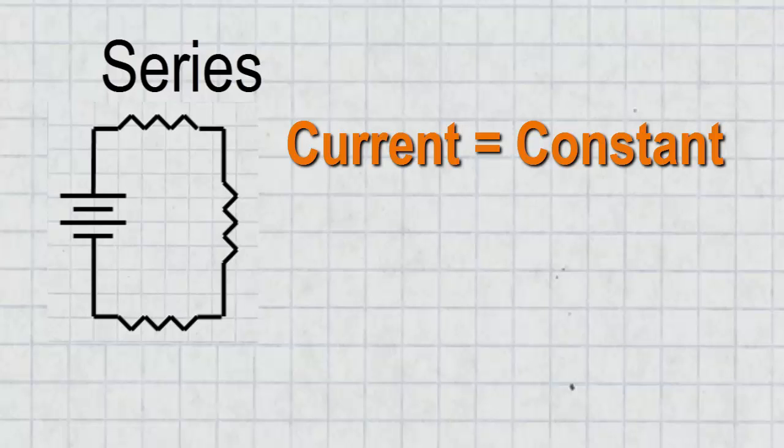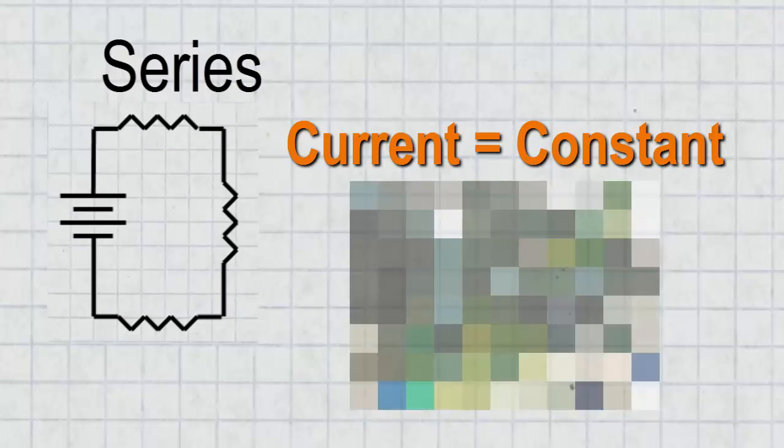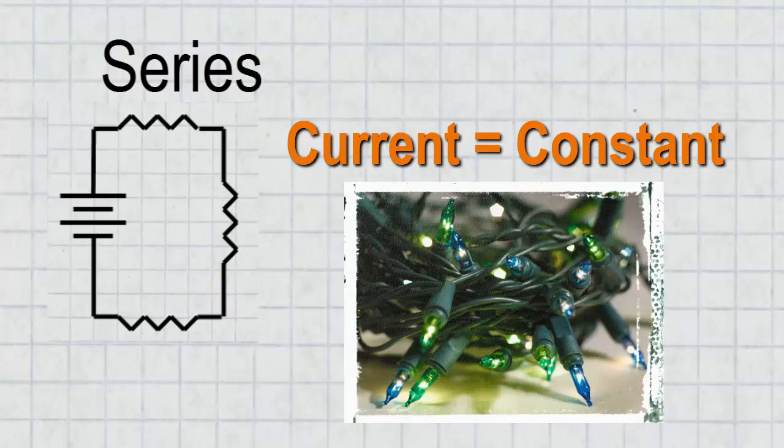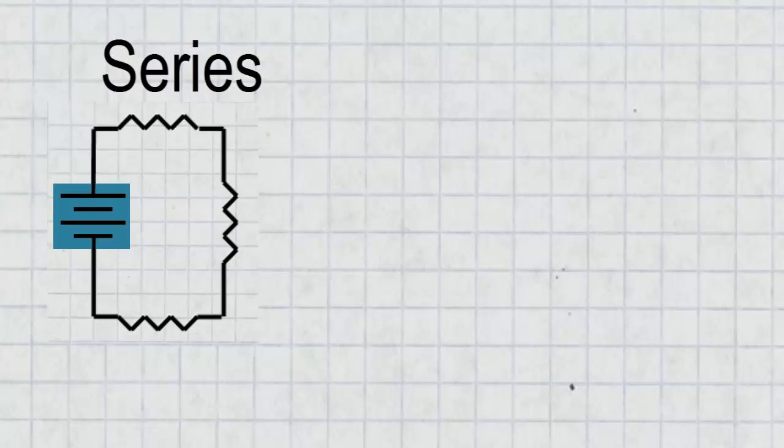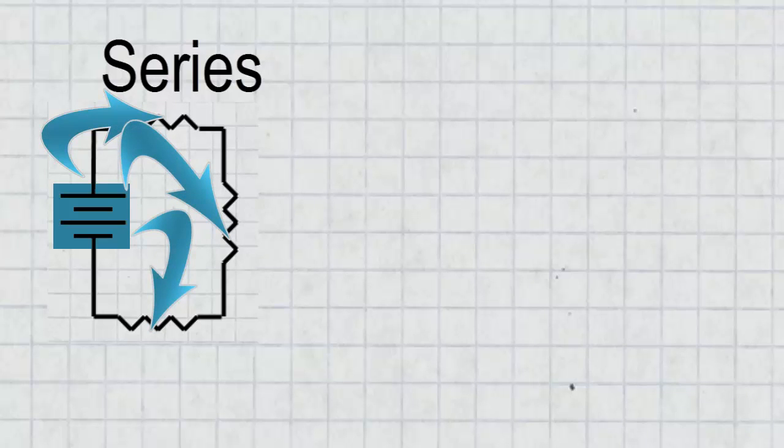Because the current must flow through each resistor, if the path is cut at any point, the entire circuit breaks. This is why one burned out Christmas light takes out the entire strand. They are connected in series. The energy obtained from a voltage source is distributed to the resistors by the current.